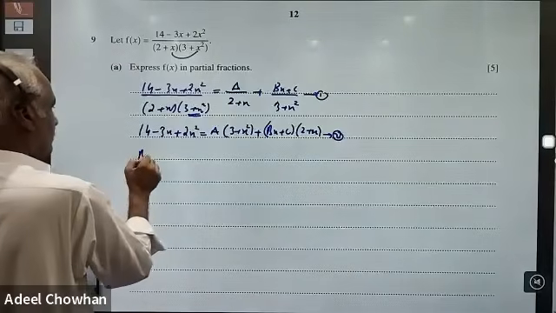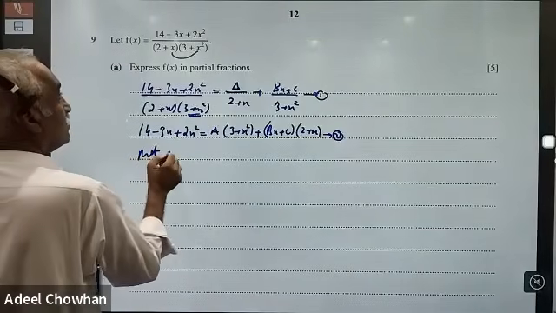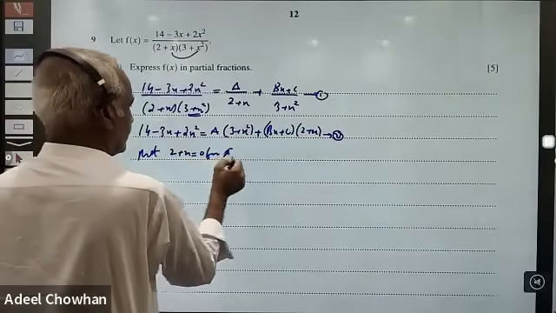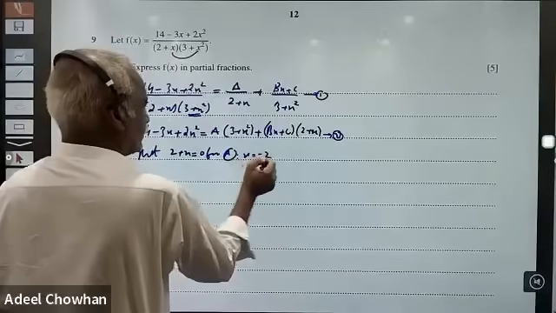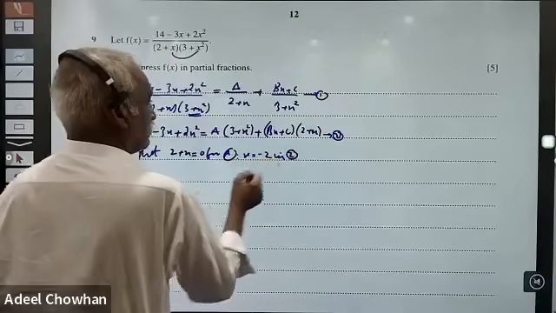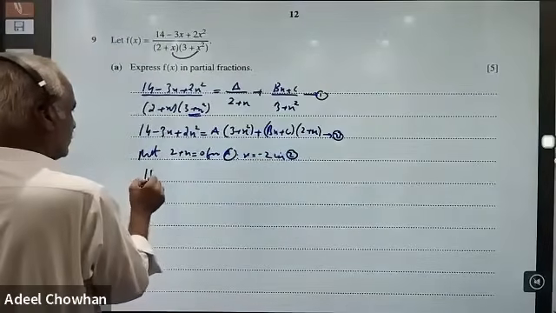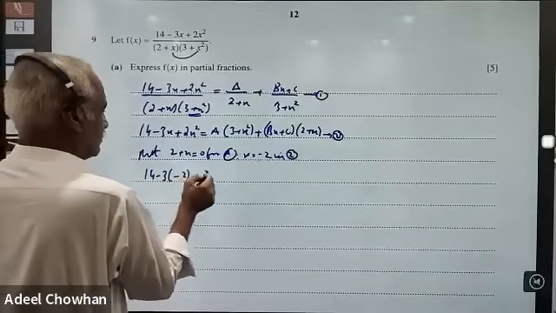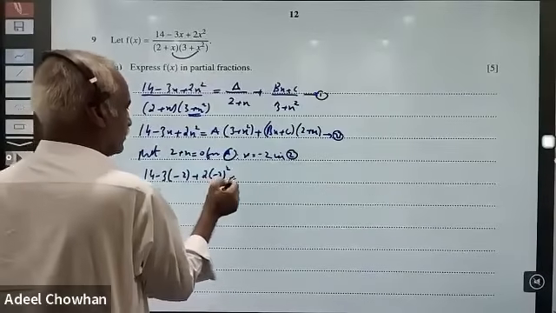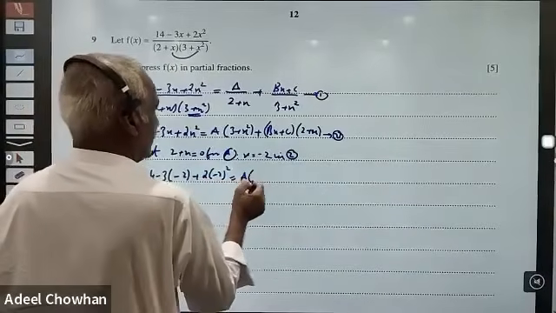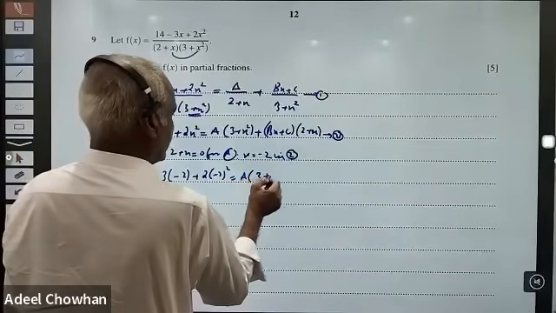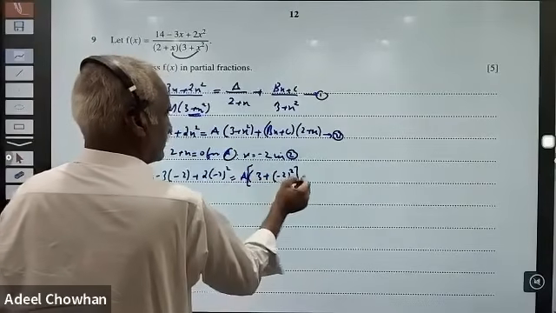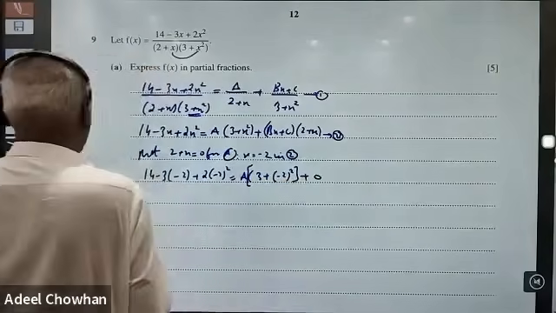Now put 2 plus x is equal to 0 for a. So x value is minus 2 in equation number 2. So it should be equal to 14 minus 3 into minus 2 plus 2 into minus 2 square is equal to a into 3 plus minus 2 whole square plus b and c are zeros.